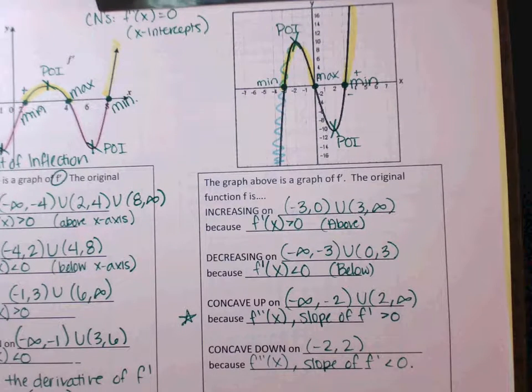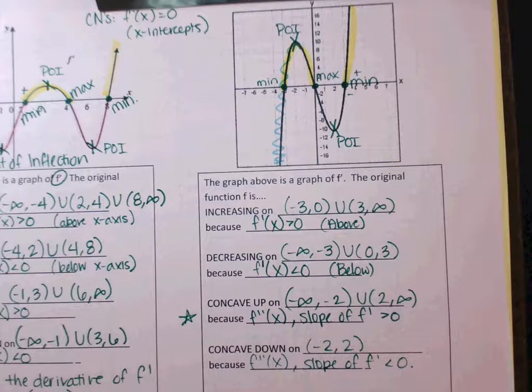So let's do this. So these are f prime. You want to know about f, but you don't have a picture of that. So f is increasing when f prime is greater than 0. Now remember, that's this graph. So when is your graph positive, from where to where? Remember, positive means positive values.